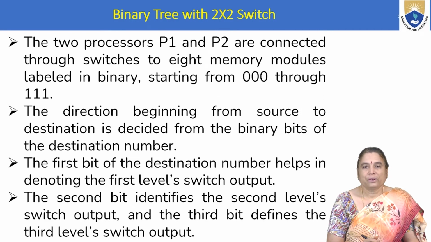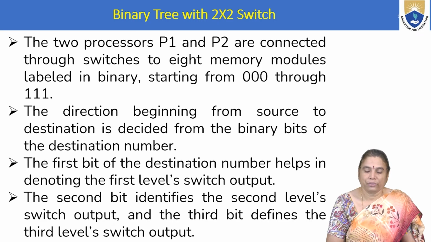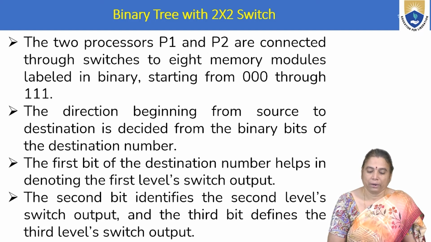So the two processors P1, P2 are to be connected through switches to 8 memory modules labeled. So the processors can connect to the memory modules depending upon the multi-stage switching connection, which can generate the arbitration logic. So the direction beginning from source to destination is decided from the binary bits of the destination number.